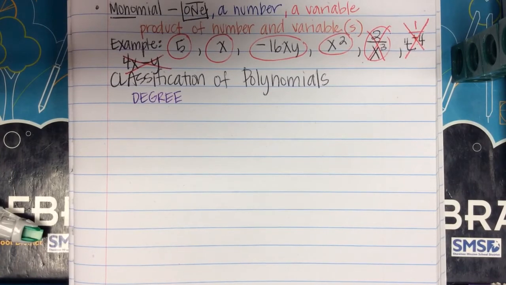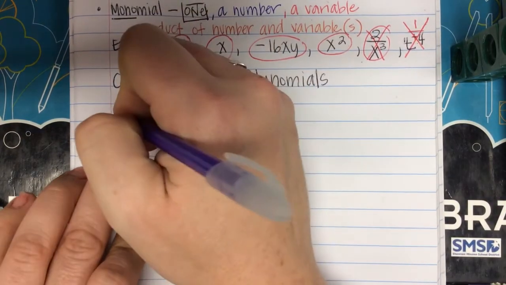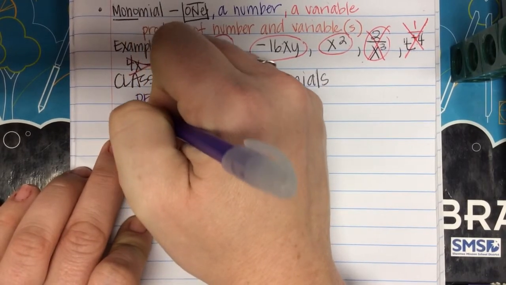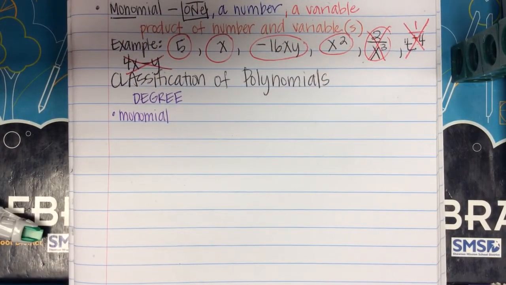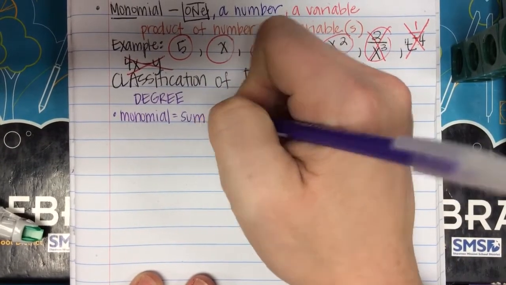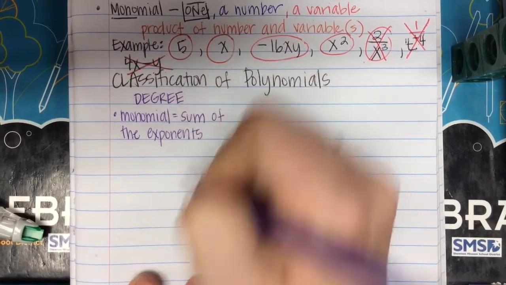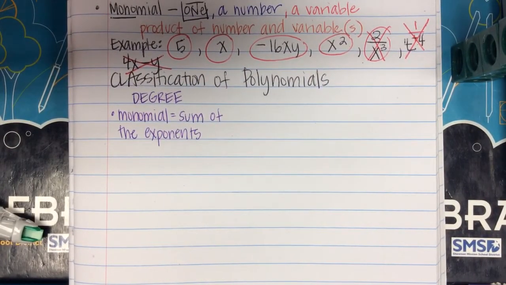To classify a polynomial, so tonight on your homework, you are going to be asked to find the classification of degree. And the degree of a monomial is the sum of the exponents. In a monomial, you add up the exponents.